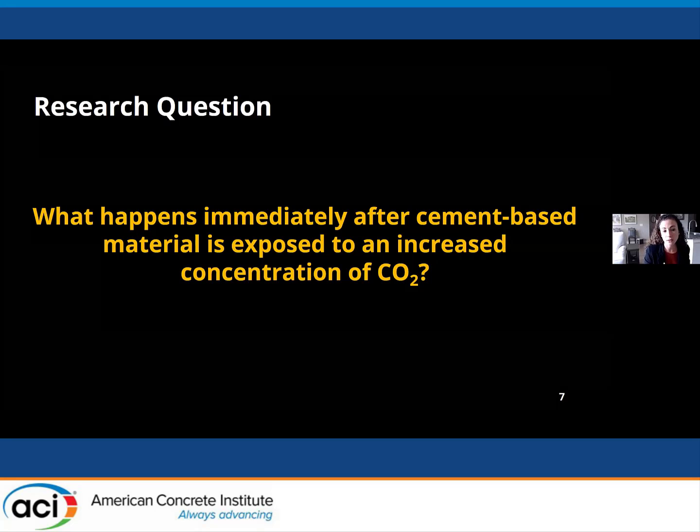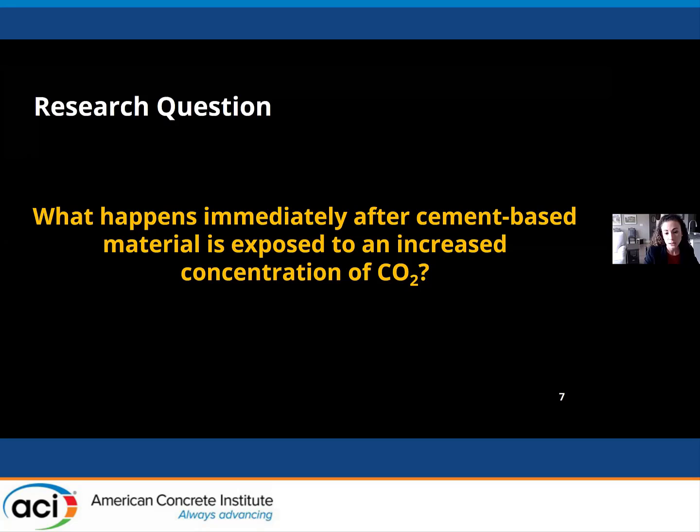Now I'm interested in, what if our pore system has varying amounts of water and we expose it to CO2? So kind of the opposite effect. More specifically, what happens if we expose it to gas CO2, liquid CO2, and supercritical CO2? Because in well environments, there's potential for CO2 to be in those different states.